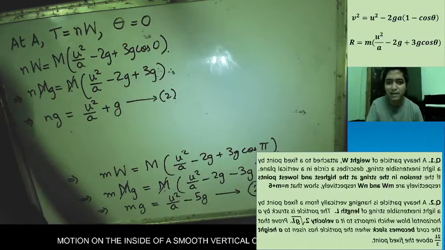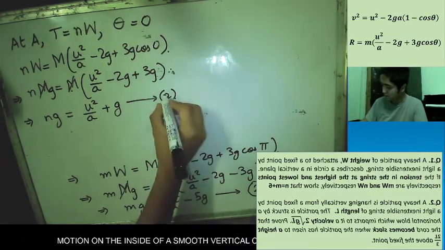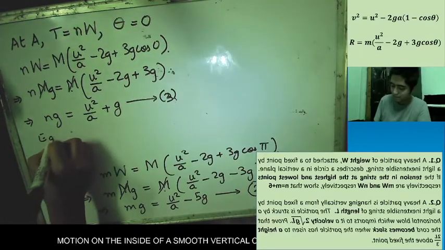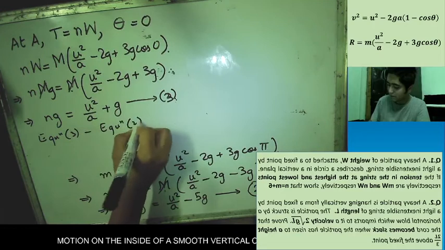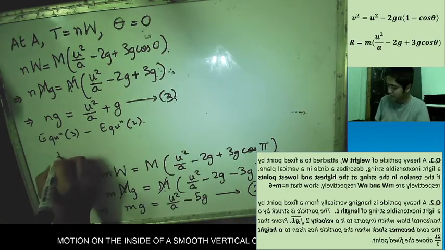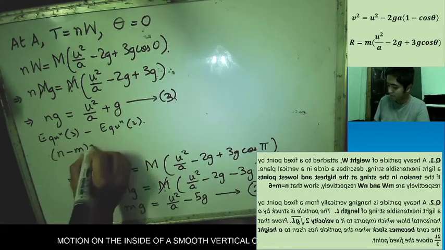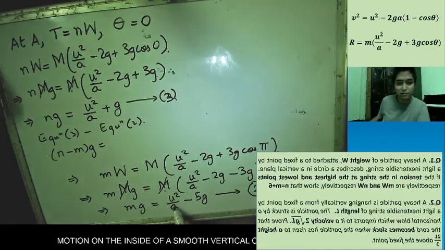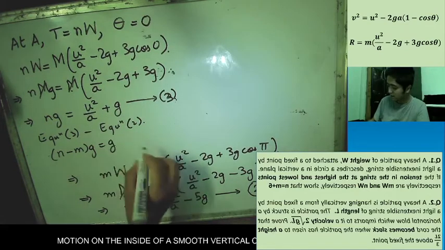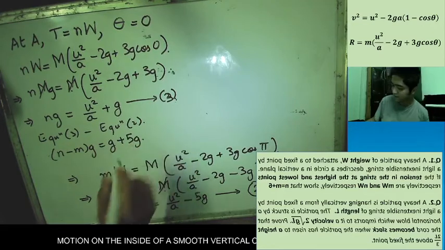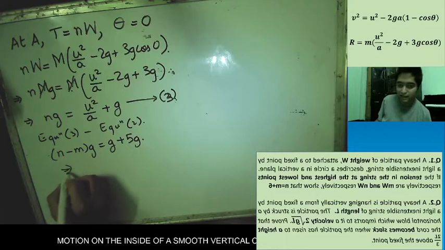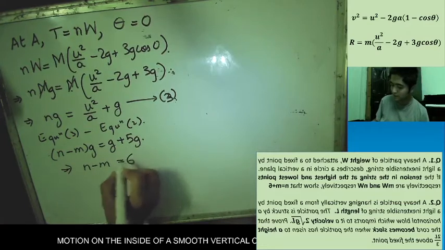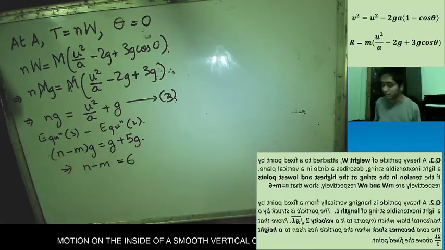Subtracting equation 3 minus equation 2, it will give n minus m g, u square by a and u square by a will get cancelled, g plus 5g. So we will get n minus m equals 6. G and g will get cancelled, 5 plus 1 is 6. So this completes question number 1.